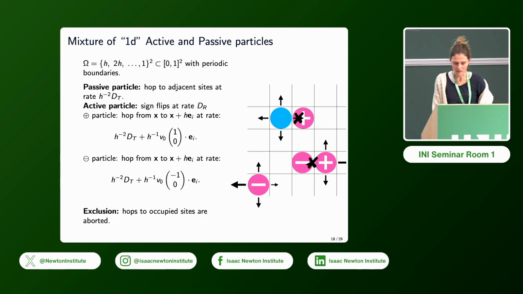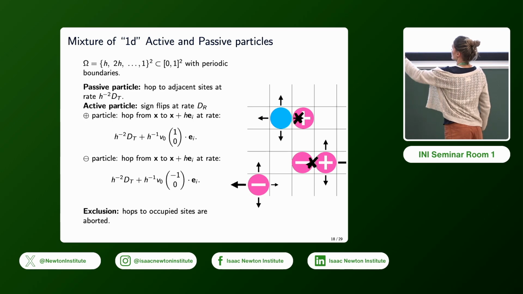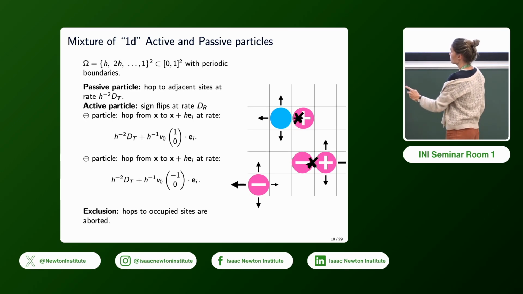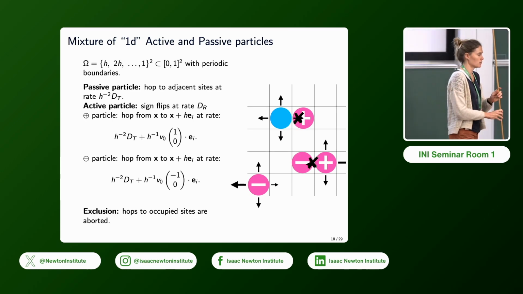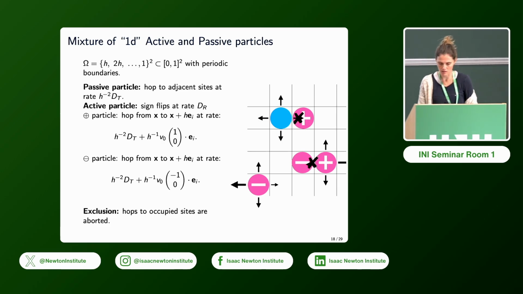Okay, and so it's relatively straightforward to extend the hydrodynamic limit for passive particles only to the case where you add these active particles. The crucial point is that we need this D_t, this coefficient here, to be the same as these ones. Okay? If they are not the same, that's not at all straightforward. But if we pick them the same, that's fine.